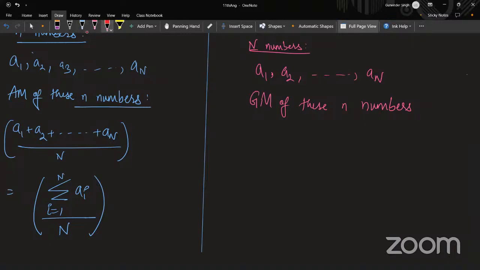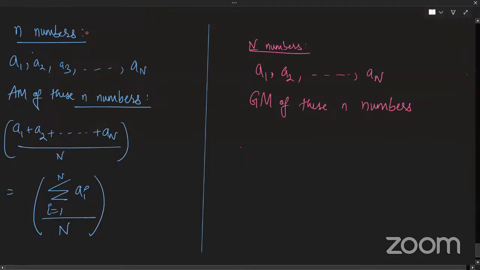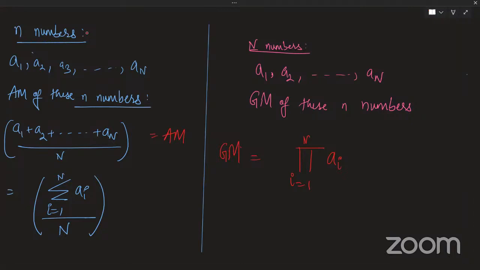Any general n numbers. It is pi i is equal to 1 to n of ai. But this is the product from a1 to an. After that, you need to do one more thing. What? By n.